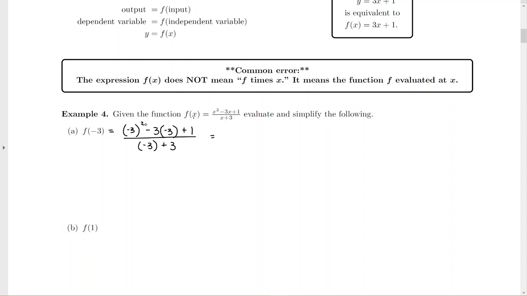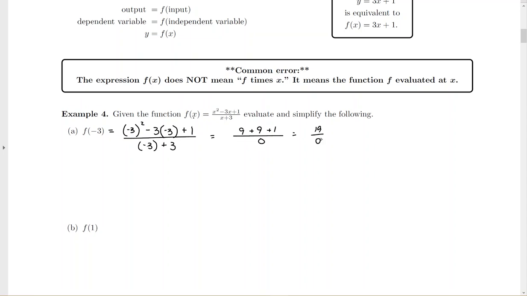So for here, -3 squared, -3 times -3 is +9, -3 times -3, another +9, plus 1. Over -3 plus 3 is 0. Now if you use your calculator, that's fine. Type it all in and then just write down the output.